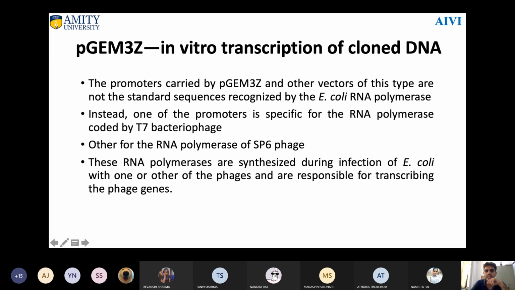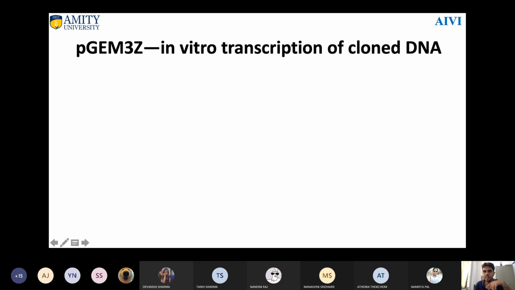These RNA polymerases are synthesized during the infection of E. coli with one or more phages that are responsible for transcribing genes. So both are of phage origin. So now you need to modify your vector host also so that it can express the gene that you need.